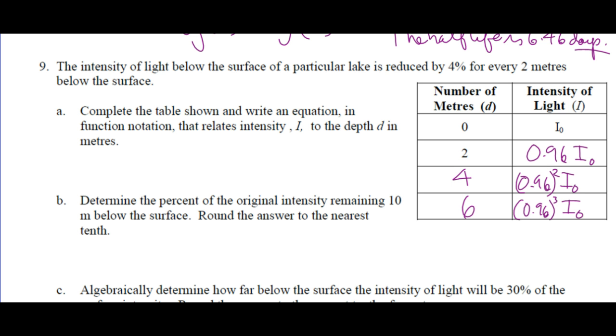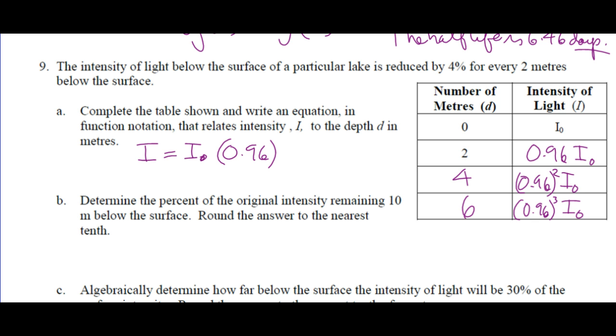Okay, so that should help us in writing the equation, relating intensity to the depth in meters. What's the base of the exponential? What are we reducing by? 0.96, right? Reducing by 4% means we have 96% of the original.